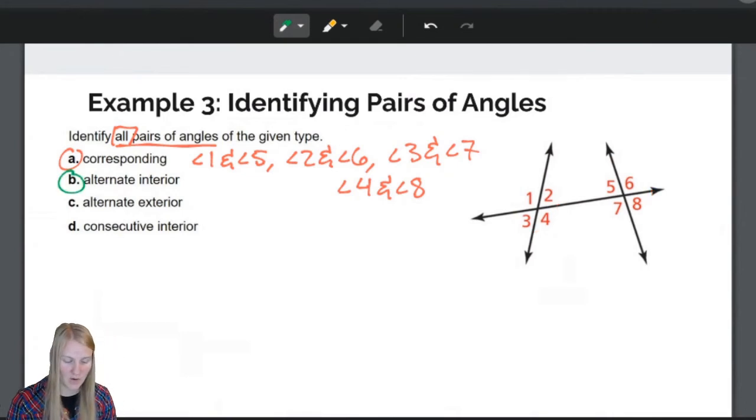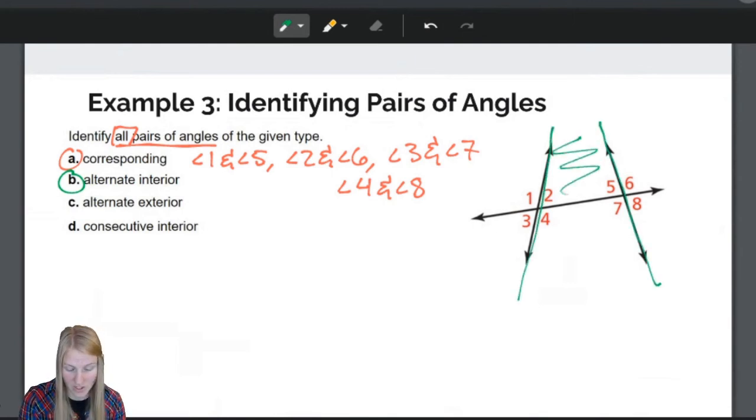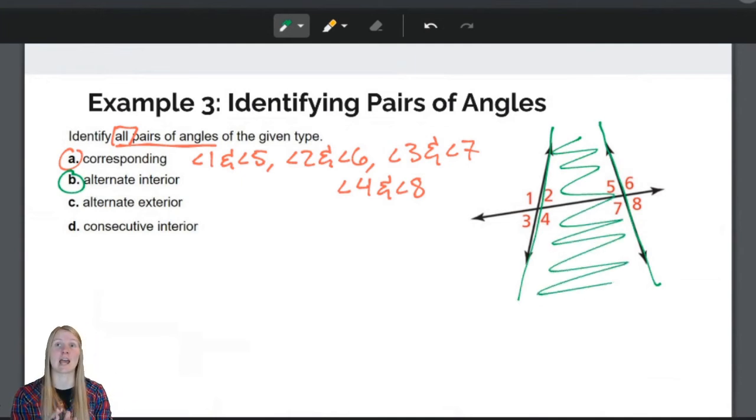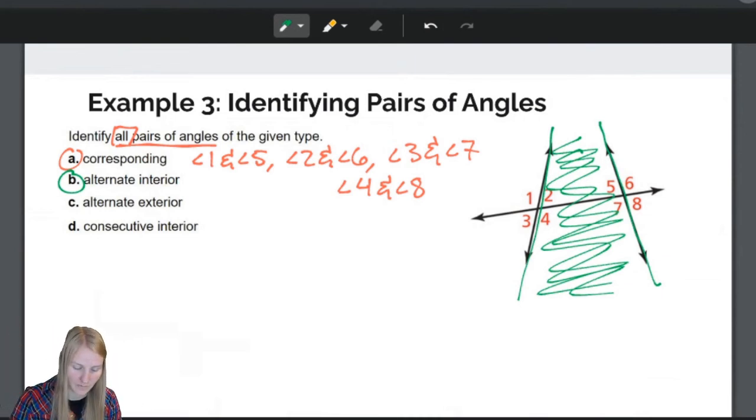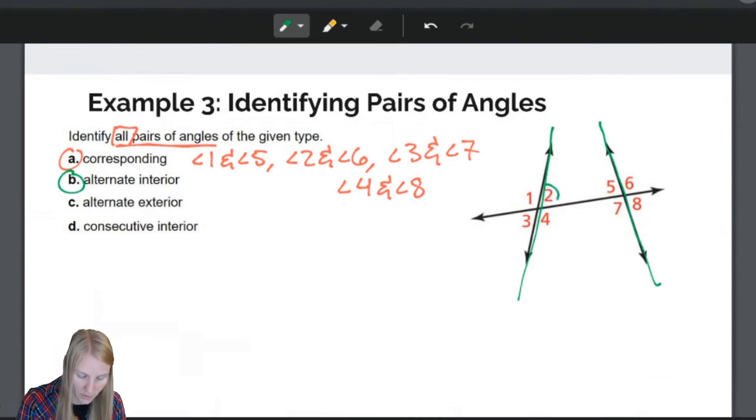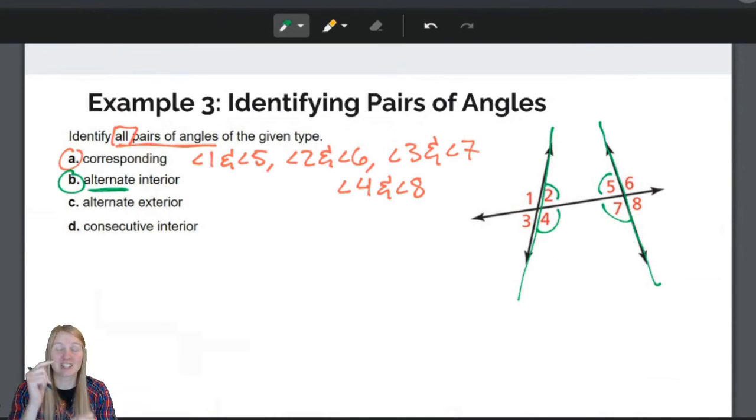Alternate interior. Interior means that I need to be in between the 2 lines. So when I say alternate interior, I am only looking at angles in this space. I'm only looking at angles in between the 2 lines. So I could look at angle 2, angle 4, angle 5, and angle 7. But I need to be alternate. I need to be on opposite sides of the transversal.